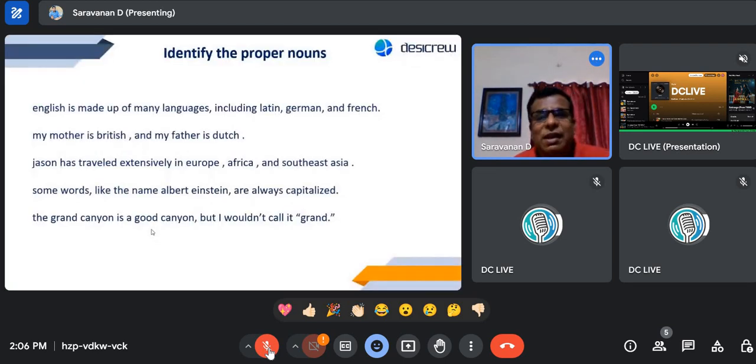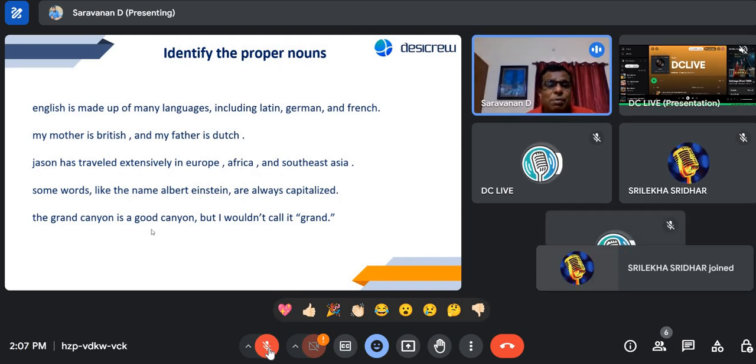This particular slide has errors as far as proper nouns are concerned. The objective today is focusing on the proper noun, because when we speak, it is absolutely fine, but when we write, and this is only in the English language, not in any other language. I don't know of any other language that does that, at least the languages which I know, Hindi, Tamil, or maybe South Indian languages.